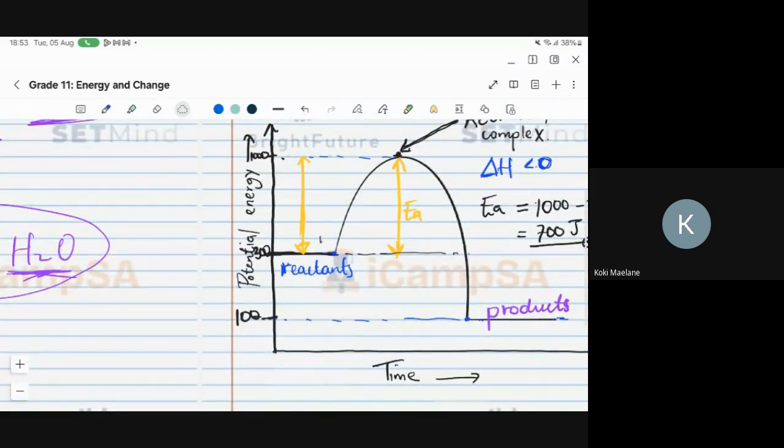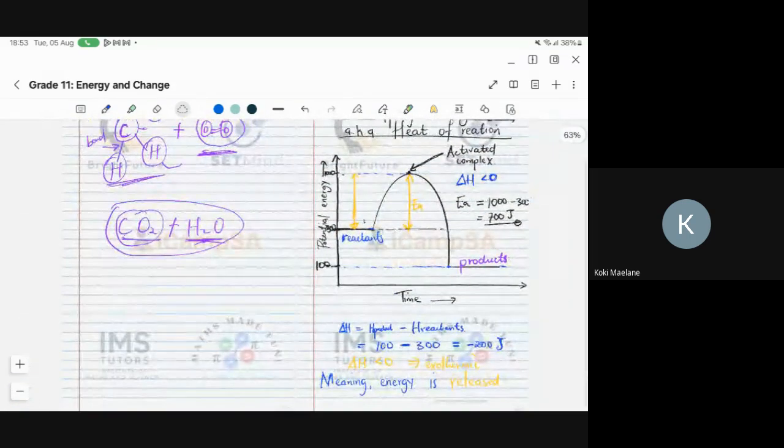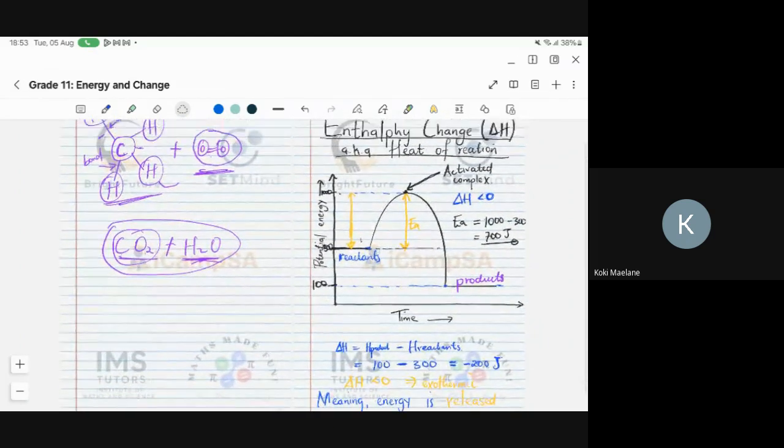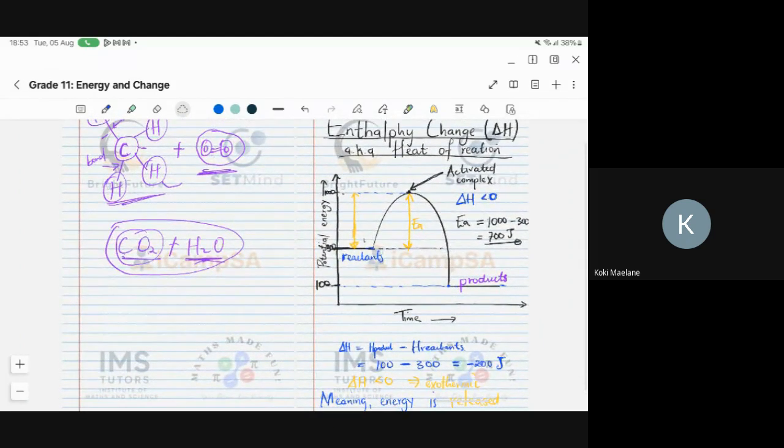I see thumbs. Right, so this is a typical situation of what an exothermic reaction would look like in these energy graphs. At this point, we have defined what an activated complex is. We know what an activation energy is.